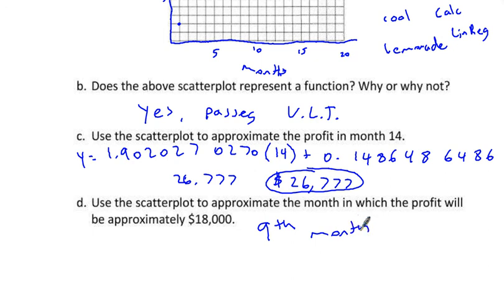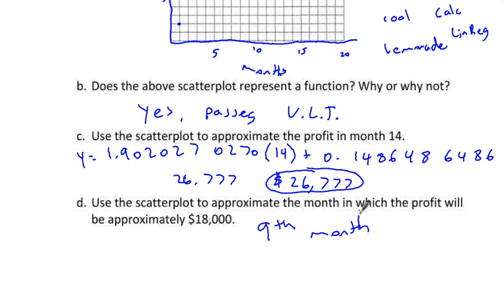If you used your calculator and you were in the table function, you would scroll down or up, depending on where you are, to see in the Y values where does it get close to 18,000.